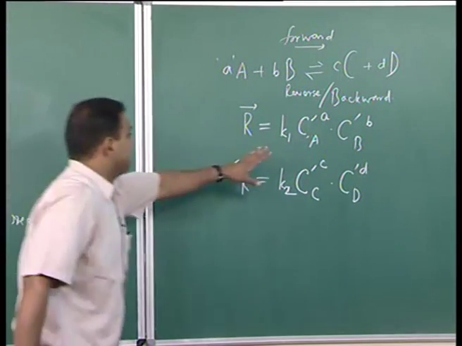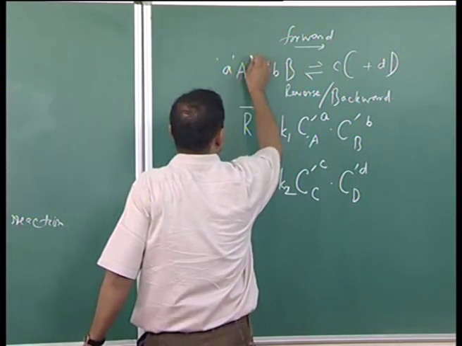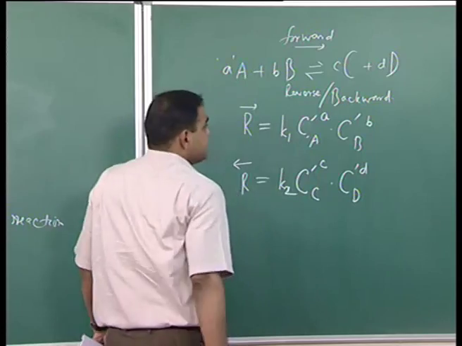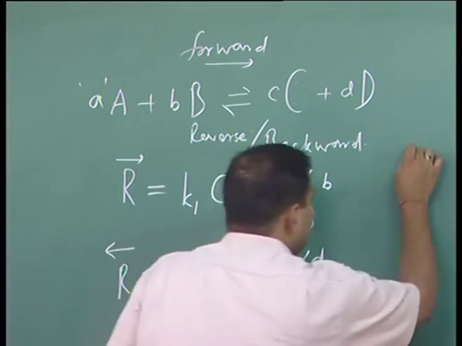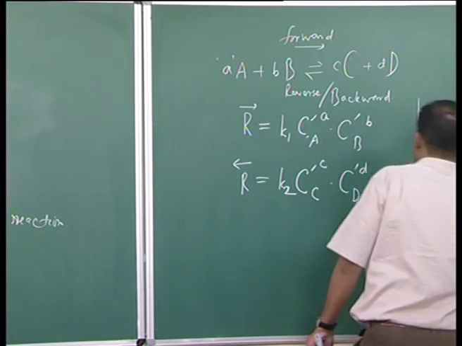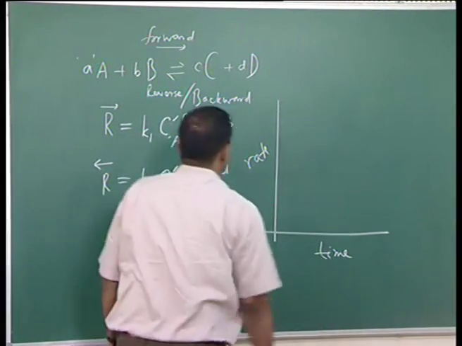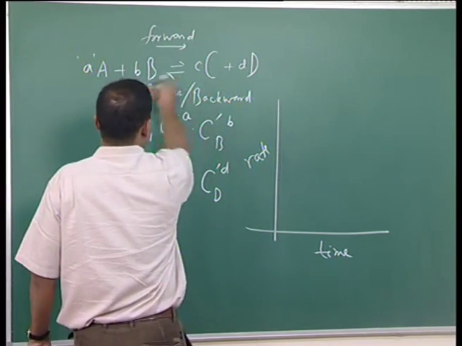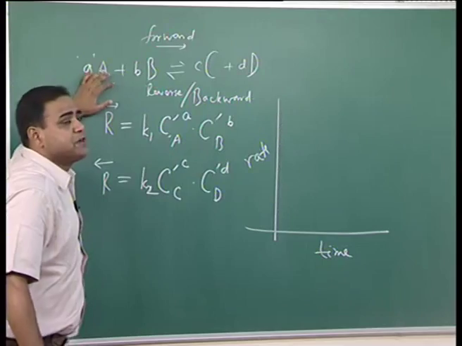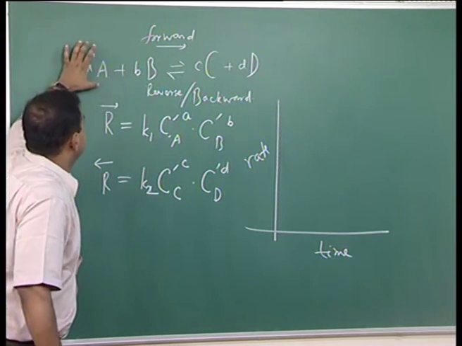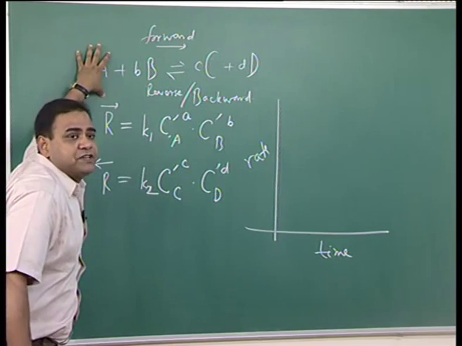Now if you consider the rate at which the forward reaction occurs and the rate at which the reverse direction occurs against time, initially the forward direction would occur at a much faster rate, because the active concentration would be much higher, because initially you have started with 0 concentration of this and the maximum concentration of this.